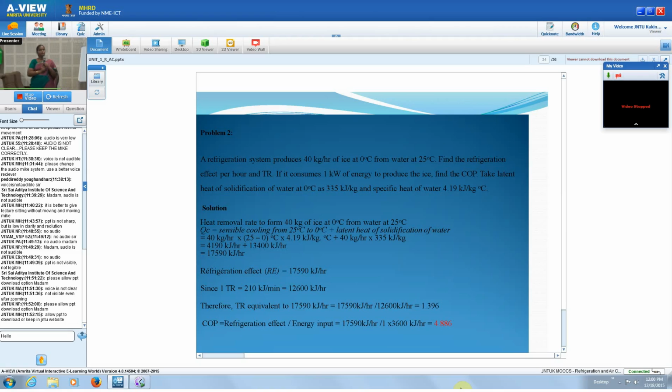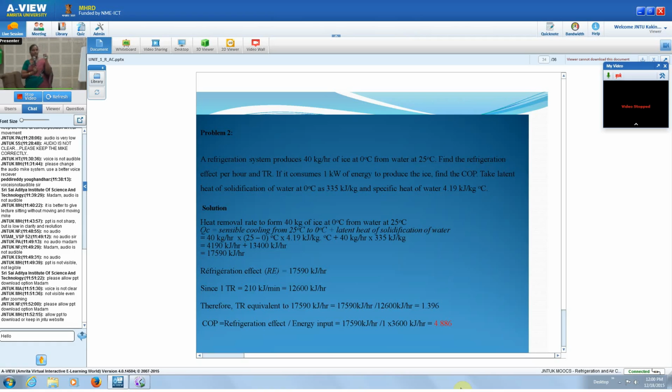This type of problems will come in air refrigeration system, and also some problems on Bell Coleman cycle are important. In this problem, water is taken at 25 degrees centigrade and it is to be converted to ice at 0 degrees centigrade.